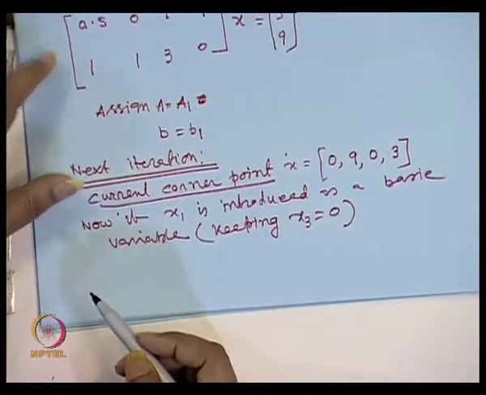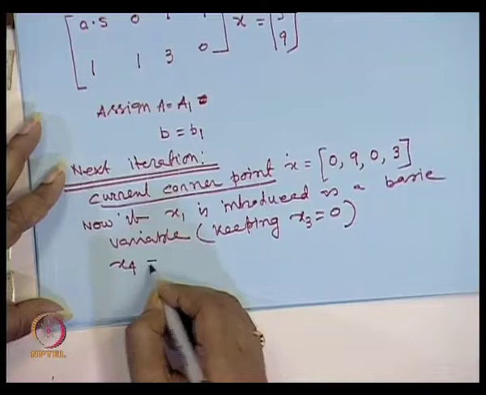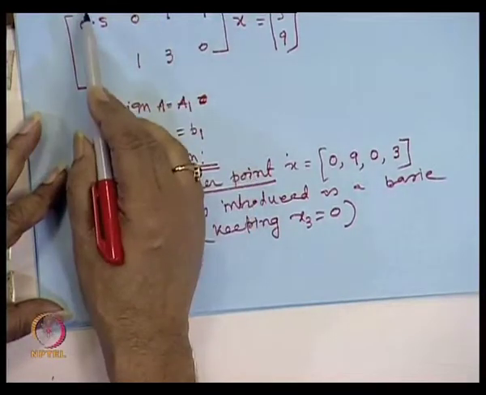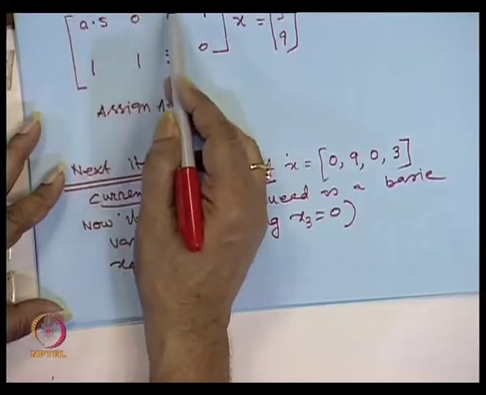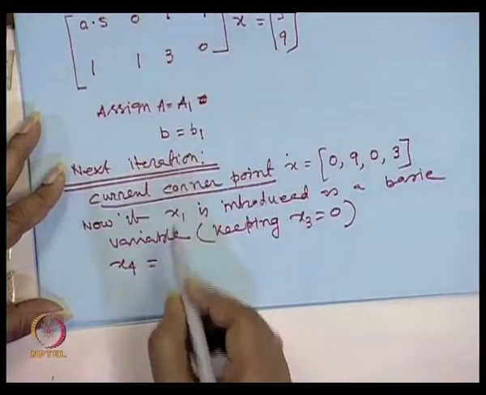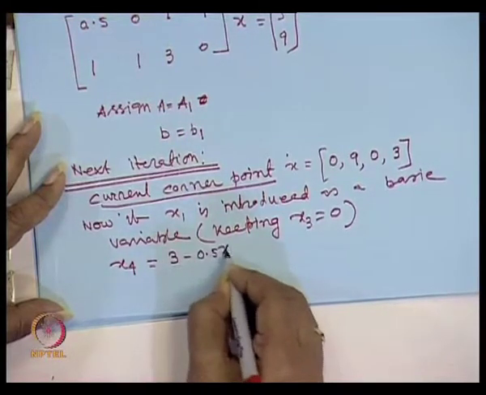This is our A. In this equation you will get straightaway x 4 is equal to 3 minus 0.5 x 1, since x 3 is 0.